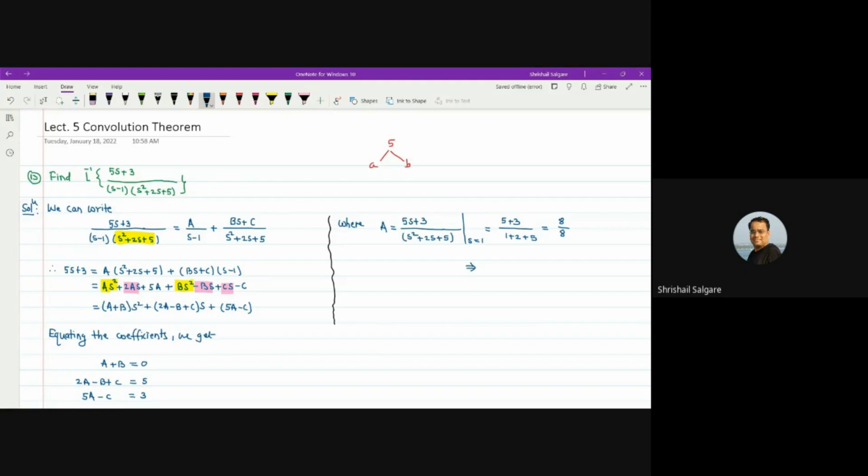That means A is equal to 1. Why am I finding A separately? That value you can substitute in the equations. Try to find the other constants.